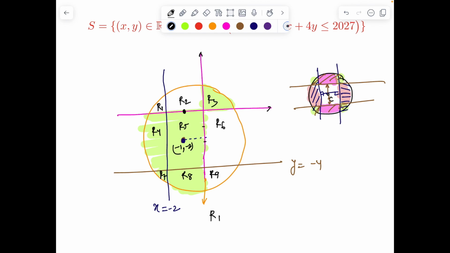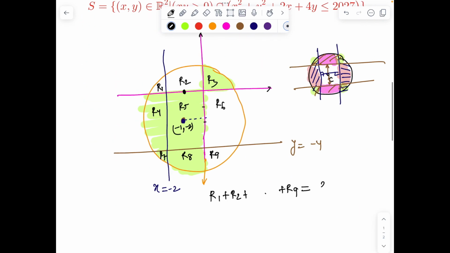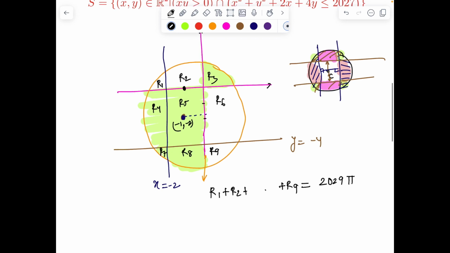We already know R1 plus R2 till R9 is the area of the entire circle, and since the radius is root 2029, that will be 2029 pi, because pi r square gives that value. So far so good. Now how to find the area of this required region?